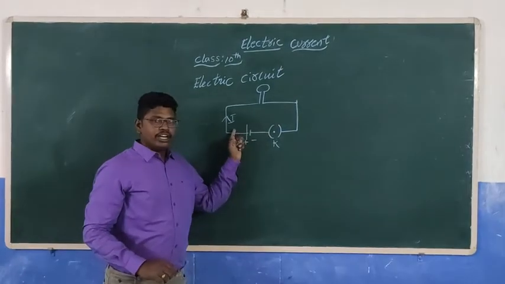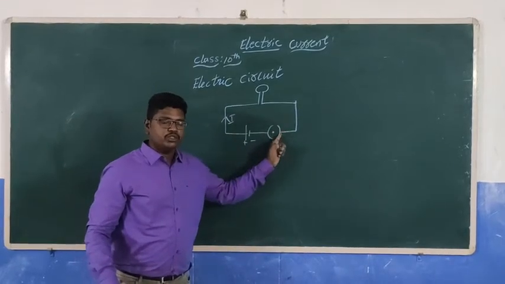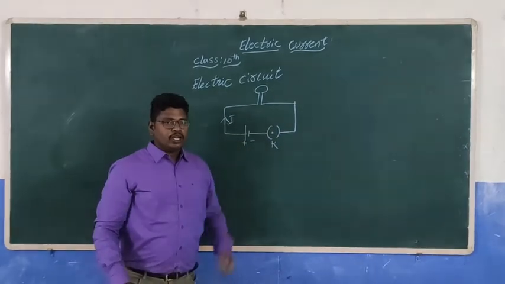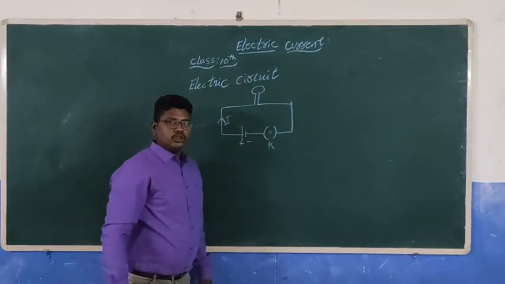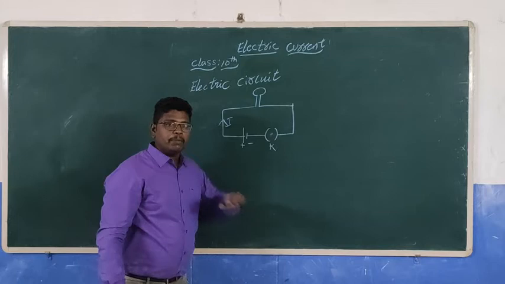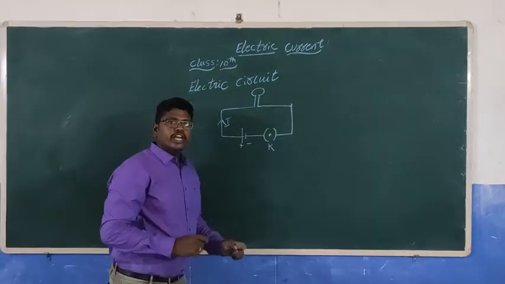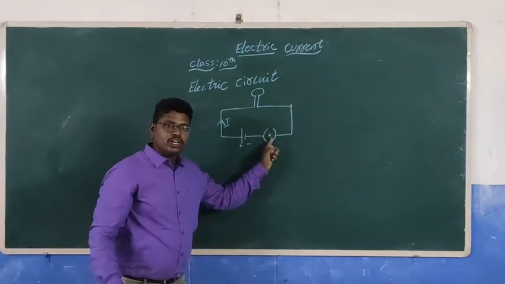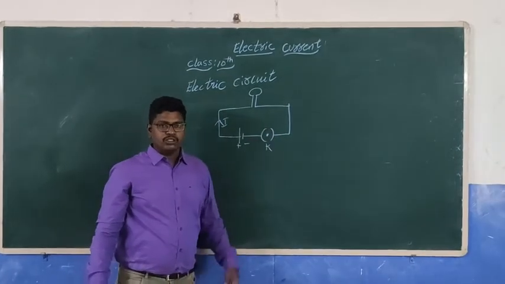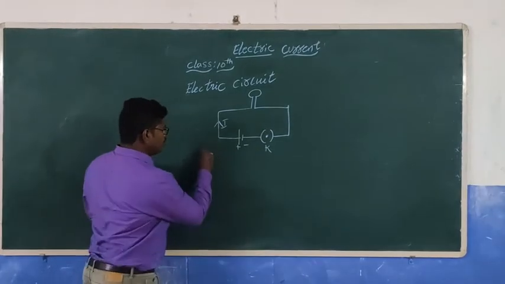The current always flows from high potential to low potential, due to that the bulb glows. If the switch is open, the bulb does not glow. Only when the switch is closed does the current flow through the entire circuit and the bulb glows.